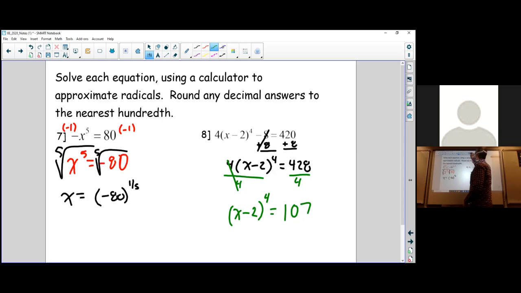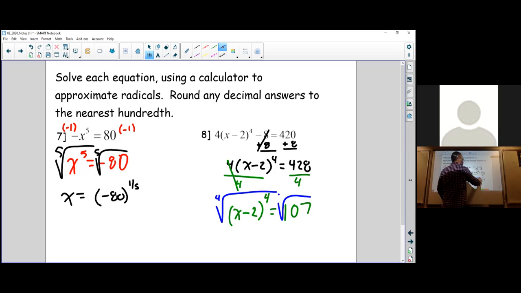All right, so I'm going to take the fourth root of both sides. And we have to realize that the fourth root is the same thing as 1/4 power. And I'm going to put the plus or minus here, so there's going to be a plus or minus there, just so we know that we go with it. So just to save time, we'll do it here, just so I don't have to flip-flop screens.